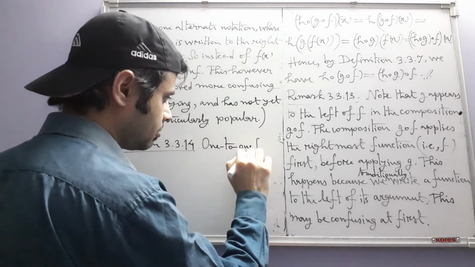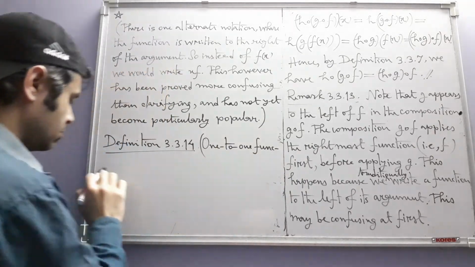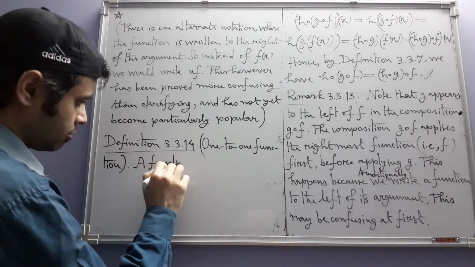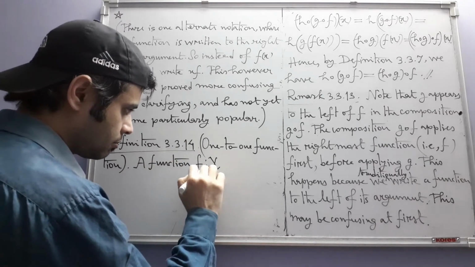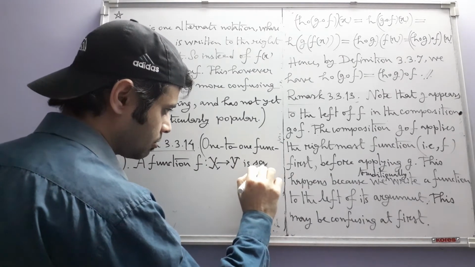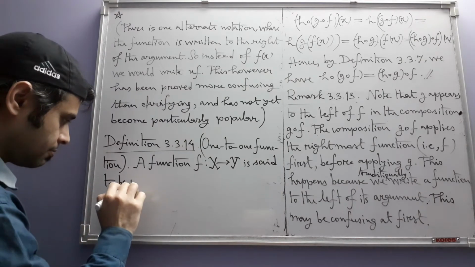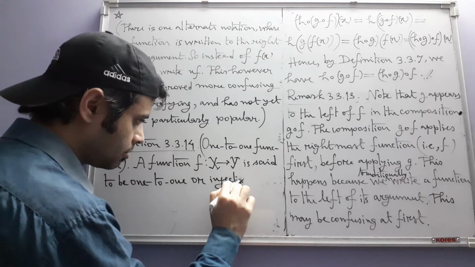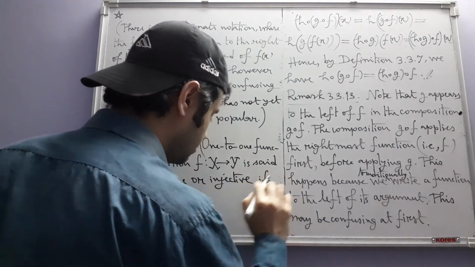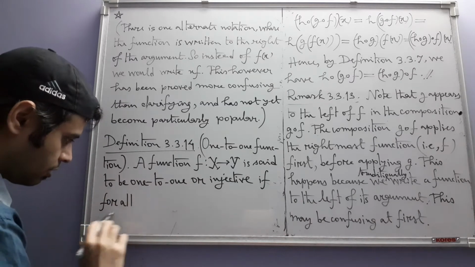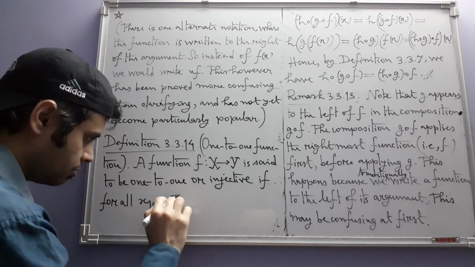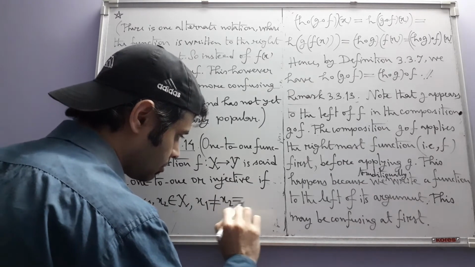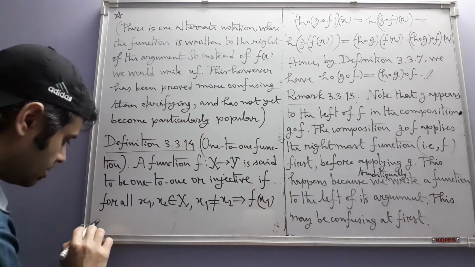A function f from X into Y is said to be one-to-one, or it has another name, injective, if for all elements x1 and x2 in the domain, x1 not equal to x2 implies f(x1) is not equal to f(x2).